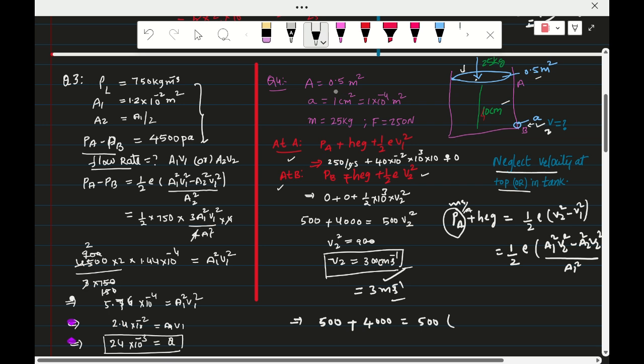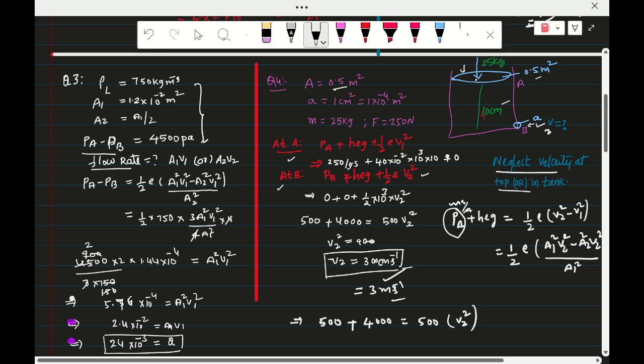A1 square is 0.5 meter square and A2 is 1 into 10 power minus 4 meter square. This is very negligible, so we can substitute it or otherwise neglect it, right? Neglecting means again rho into V2 square only will come.